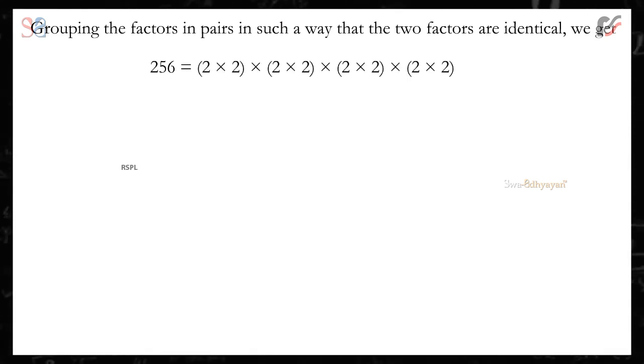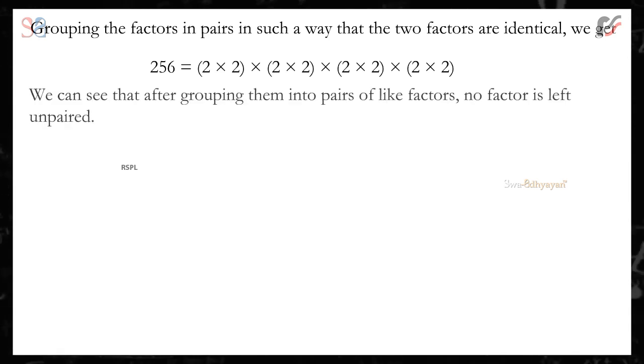Grouping the factors in pairs in such a way that the two factors are identical, we get 256 is equal to (2 multiplied by 2) into (2 multiplied by 2) into (2 multiplied by 2) into (2 multiplied by 2). We can see that after grouping them into pairs of like factors, no factor is left unpaired.